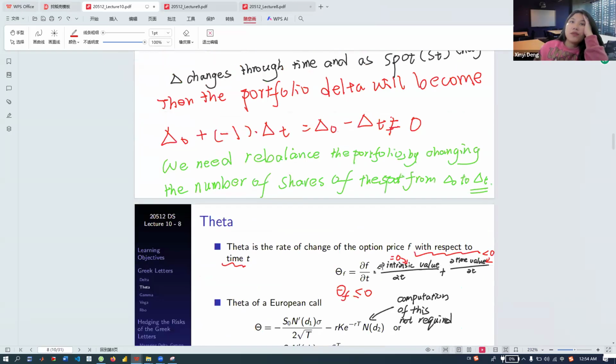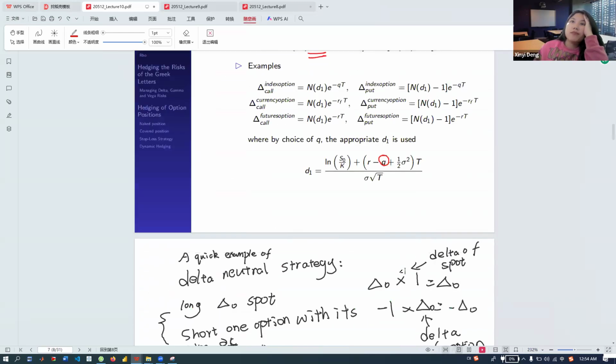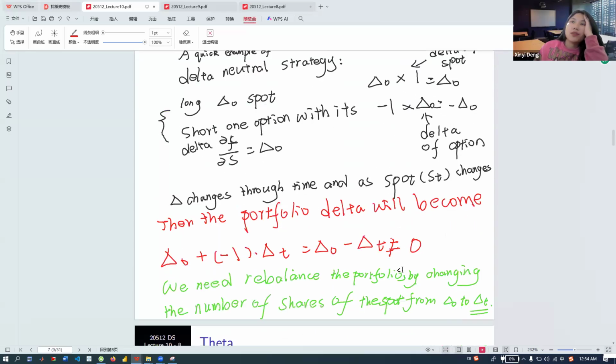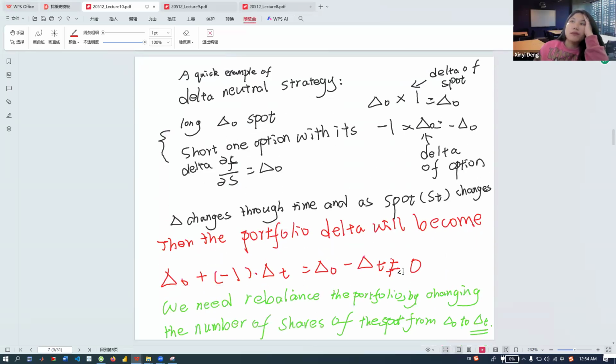Before I move on to theta, let me quickly give you an example of a delta neutral strategy, to give you an intuition of why we are using the Greek letters as risk management tools.